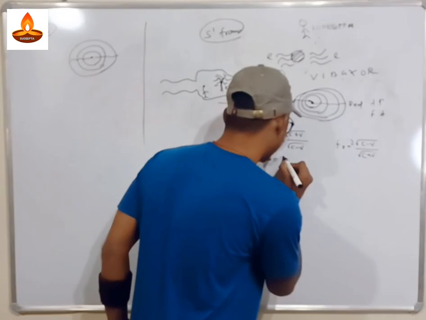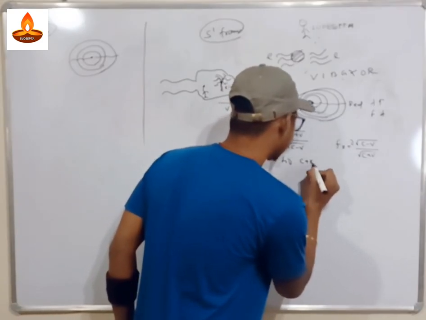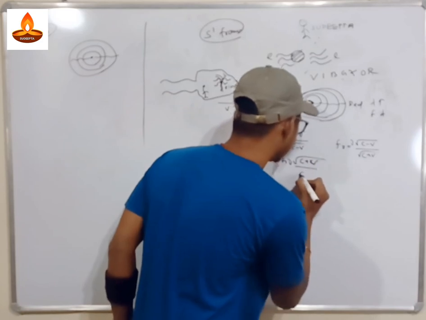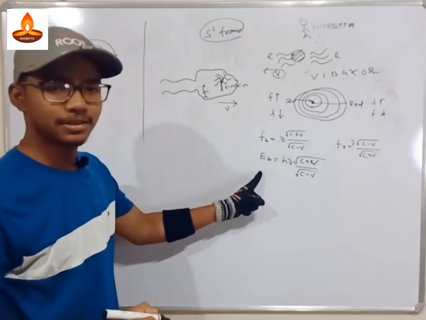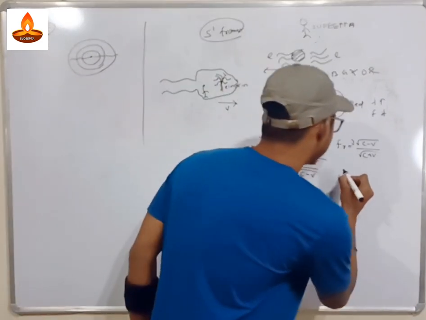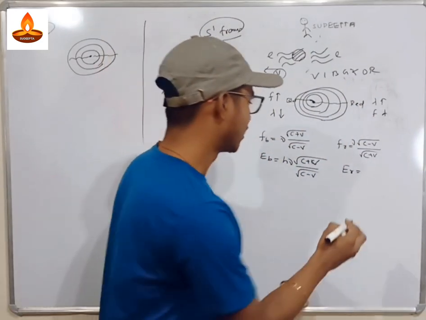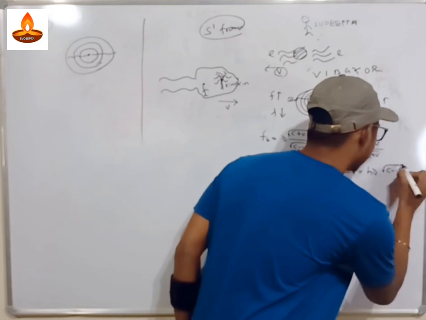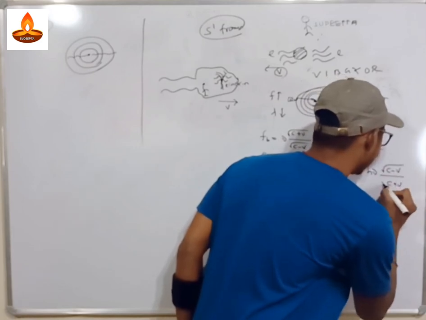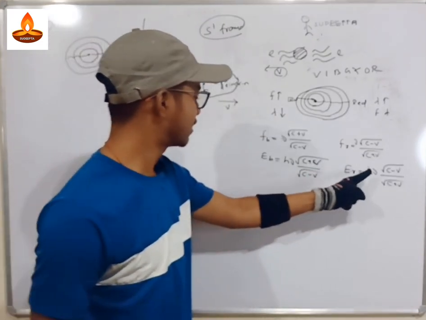That is h nu times the square root of (c plus v) upon (c minus v). We got EB. Then what is ER? We multiply by Planck's constant h, so it will be h nu times the square root of (c minus v) upon (c plus v). Okay, this is the thing. So what is h nu?